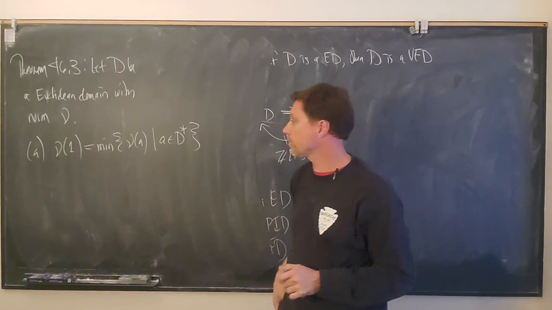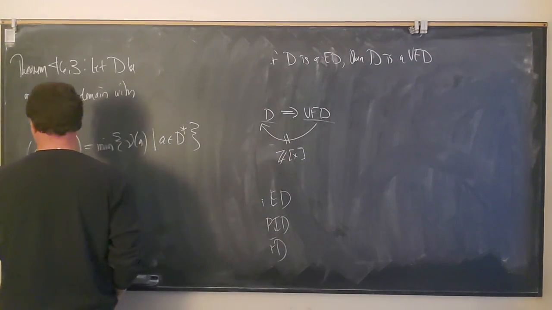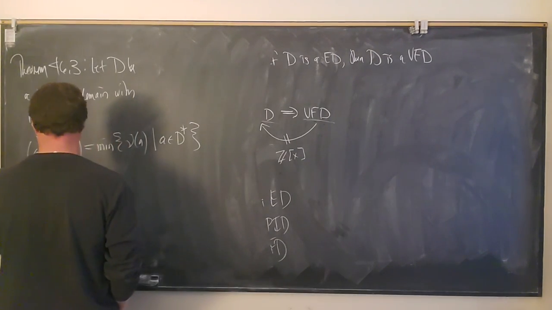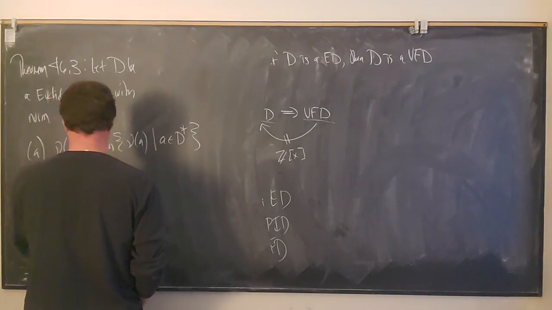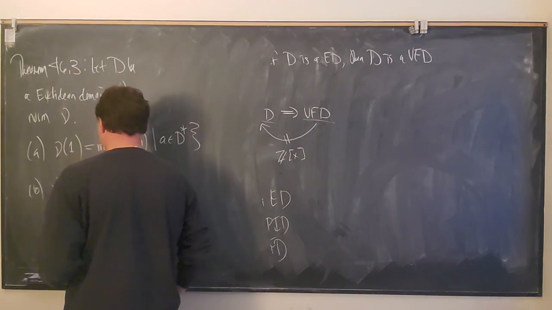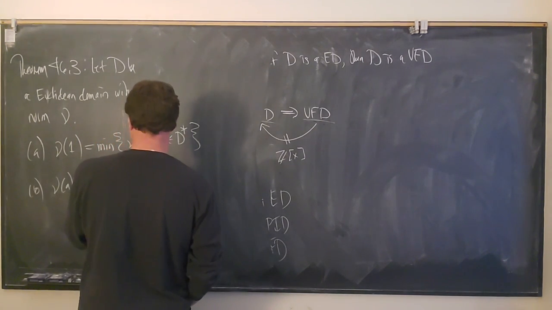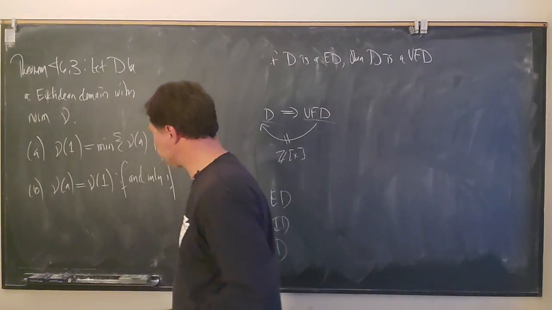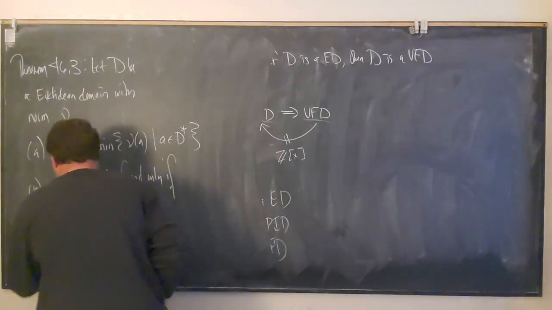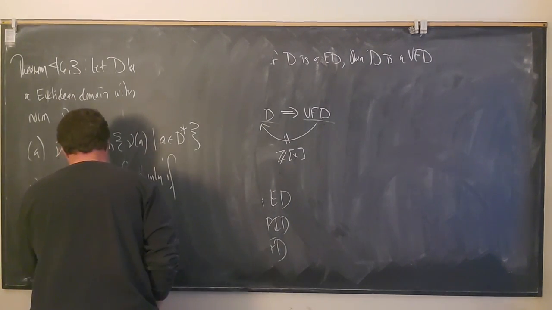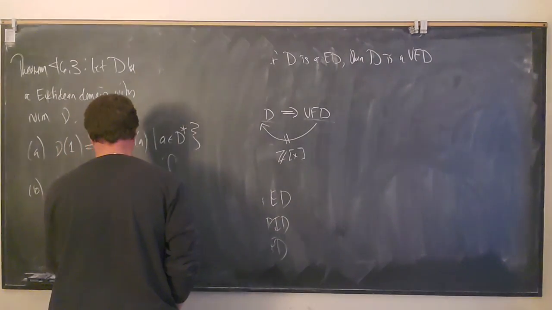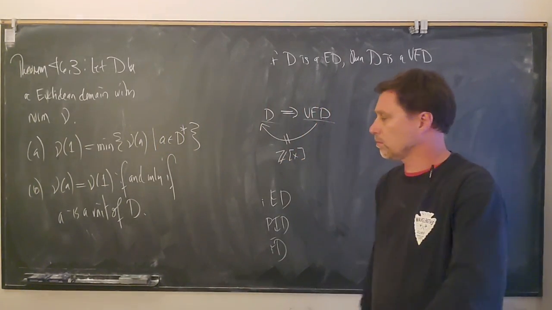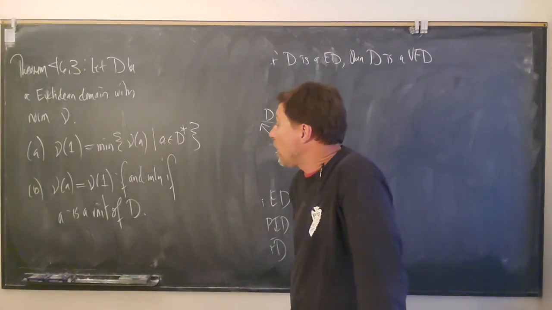And then part B: nu of a equals nu of 1 if and only if a is a unit of D. And so this is nice.